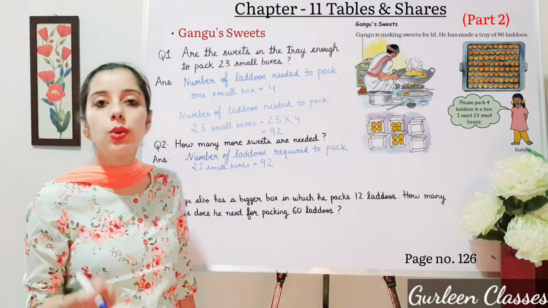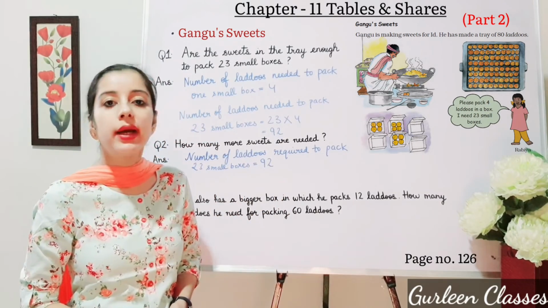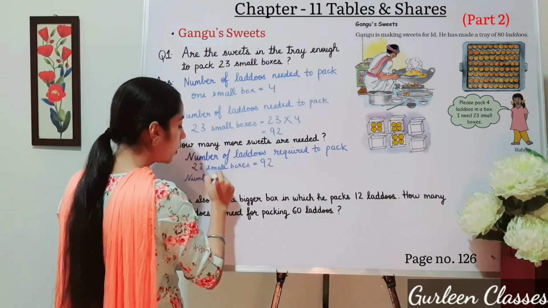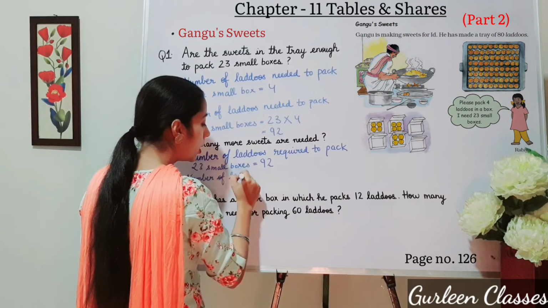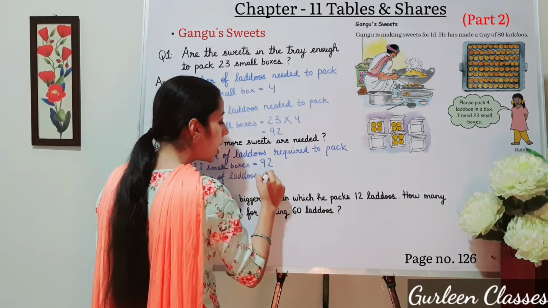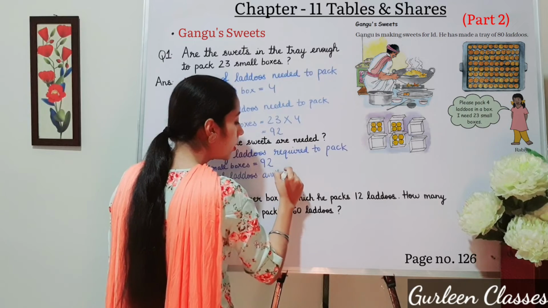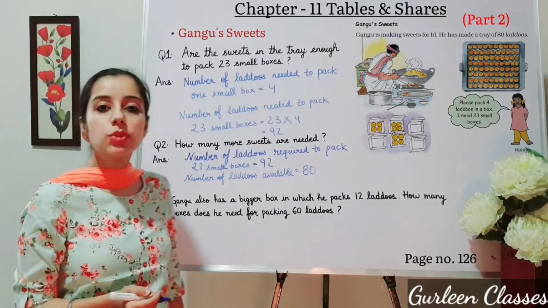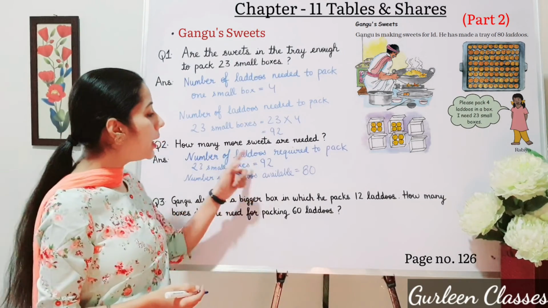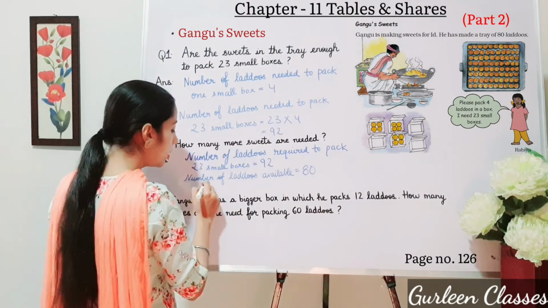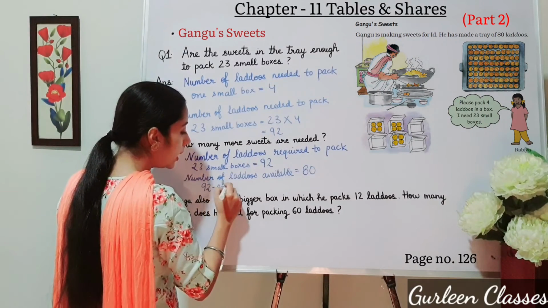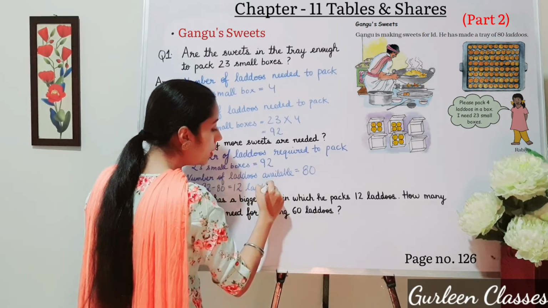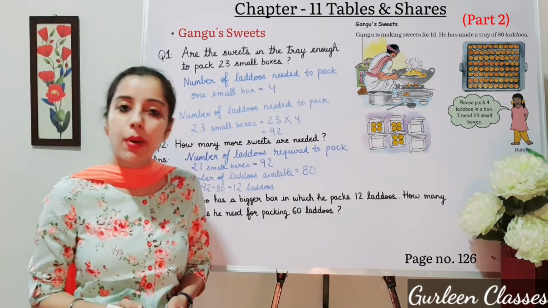And number of laddus available, how many laddus were available? 80. So write here, number of laddus available, that is 80. Now how many more sweets are needed? We will subtract 92 minus 80. So write here, 92 minus 80, that is 12 laddus. So we require 12 more laddus to pack.